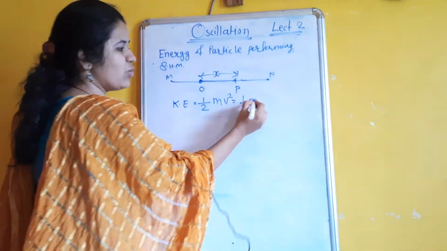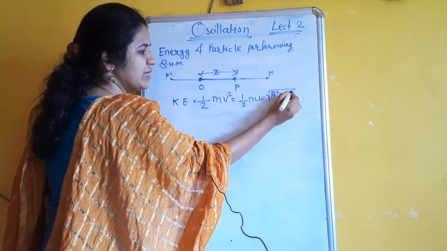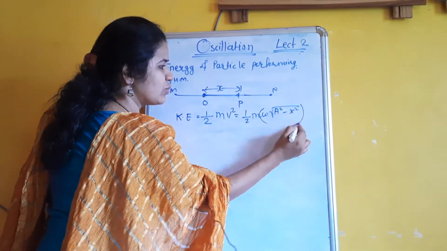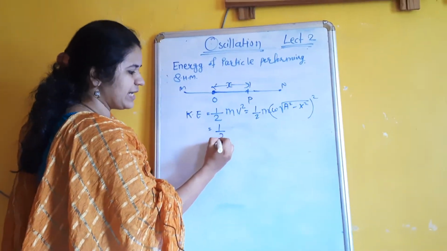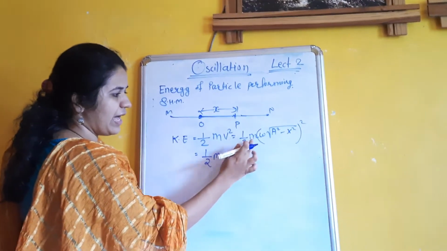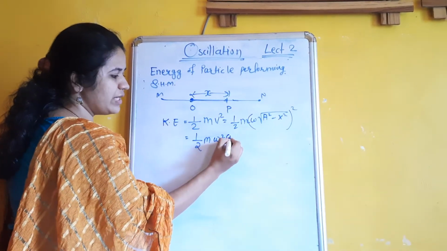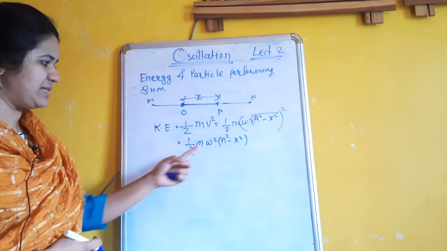The velocity formula is omega times the square root of a square minus x square, and this is inside a bracket squared. So the kinetic energy is half m omega square into (a square minus x square).